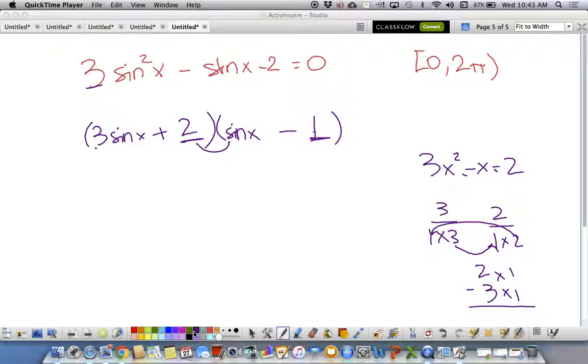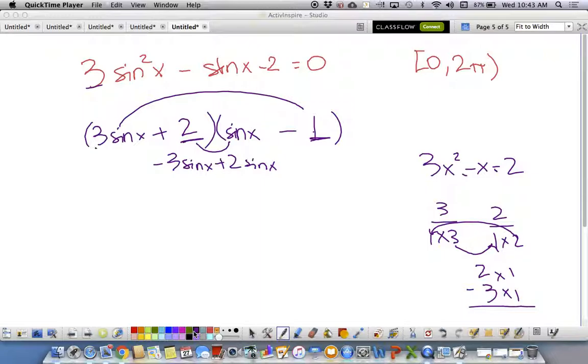The inside and the outside give me a negative 3 sine x and a positive 2 sine x. Does that give me a negative sine x in the middle? Yes. Negative 3 plus 2 gives me a negative 1. Oh yes, it does.